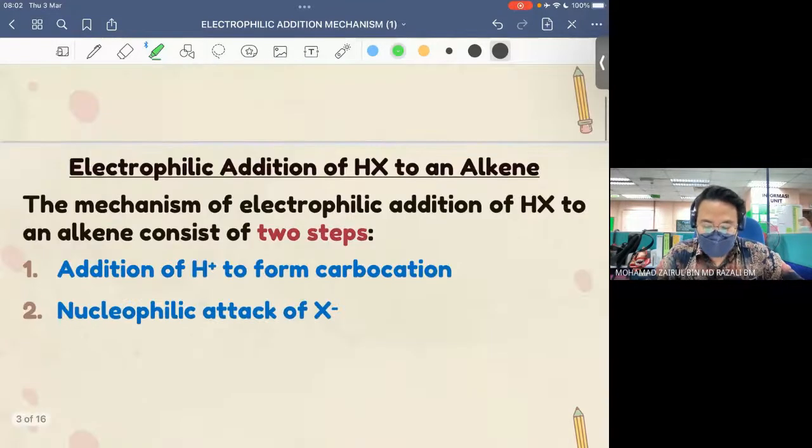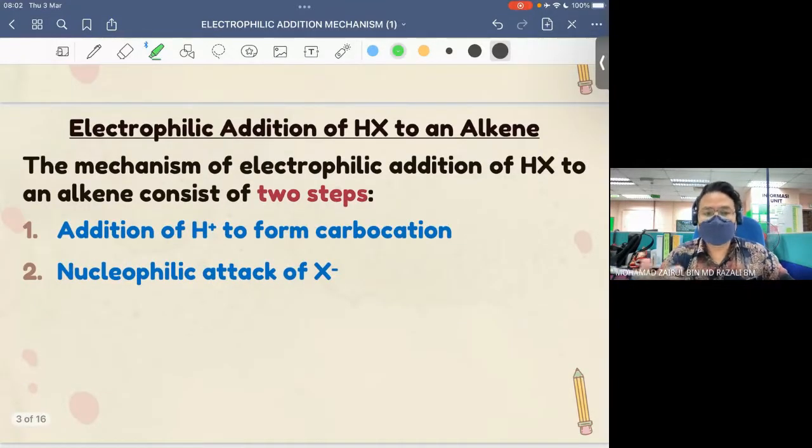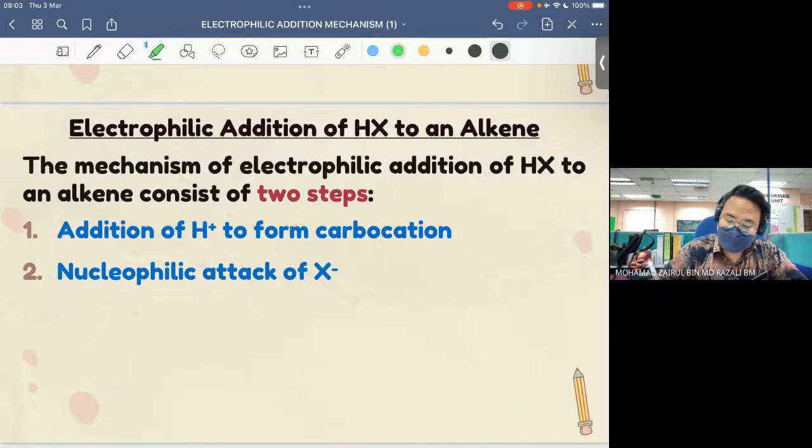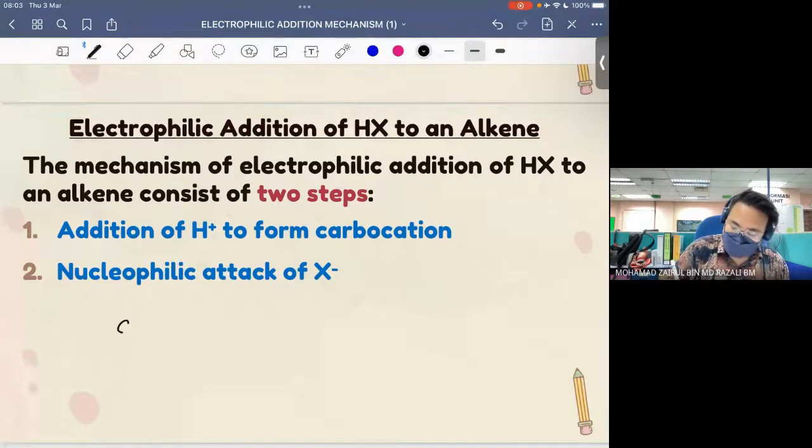Normally, kalau tak kisahlah awak nak buat electrophilic addition of HX ke, ataupun electrophilic addition of H2O ke, ataupun acidified water, dia punya step masih sama. So the first step normally involve the addition of H plus to form carbocation. Sebab kalau kita tengok balik, kalau kita reactkan C double bond C tu, so let's say saya ada C double bond C, alkene, react with HX.